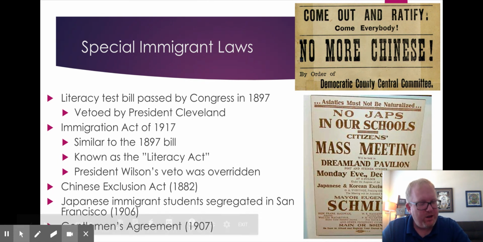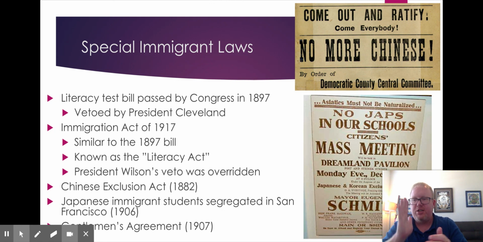So basically for over 60 years, Chinese immigration was banned to the United States. And so this was unique because this was a specific ethnic or country of origin group that was being treated differently from all other groups of immigrants in our country. And so Chinese immigration was largely throttled or held back during this time period.